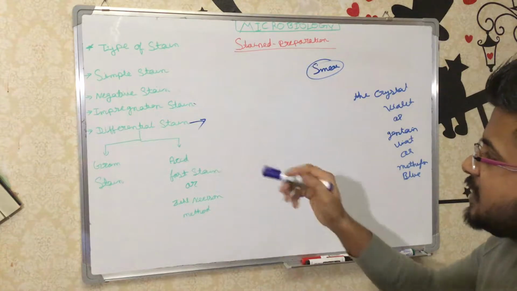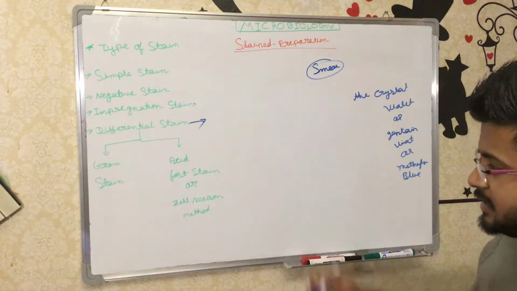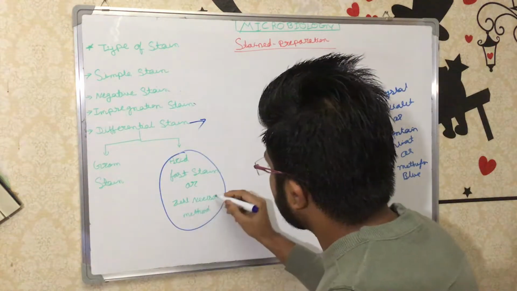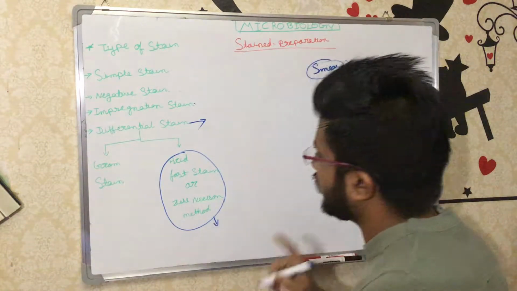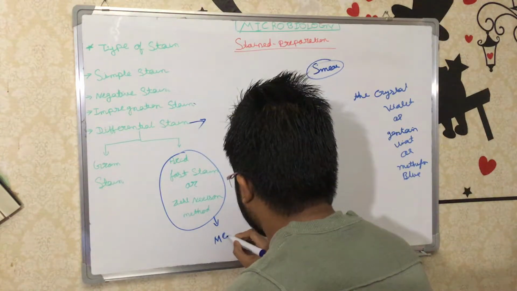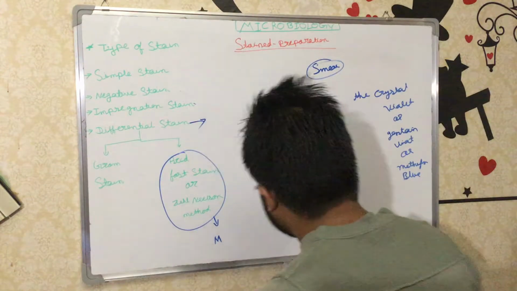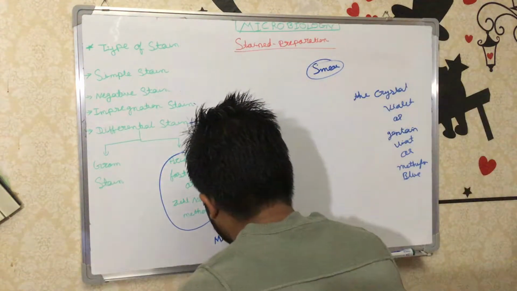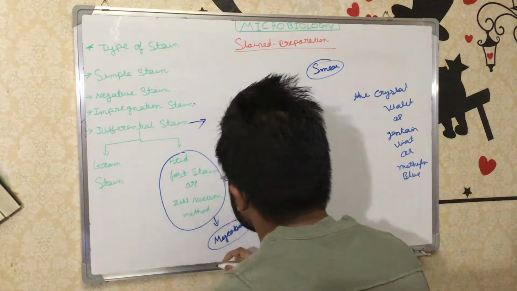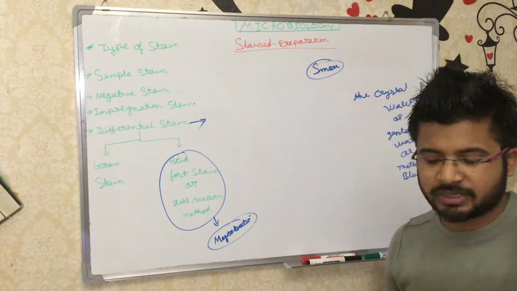As you see, the differential stain is divided into two groups: gram stain and acid fast stain, or Ziehl-Neelsen stain. This acid fast stain or Ziehl-Neelsen stain is only for MTB, or we can say mycobacteria. For these species we use this method because by gram staining we can't identify this type of bacteria.